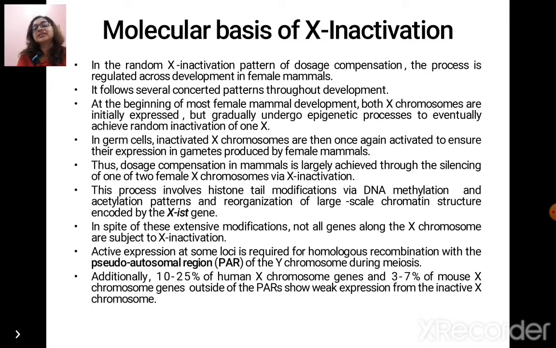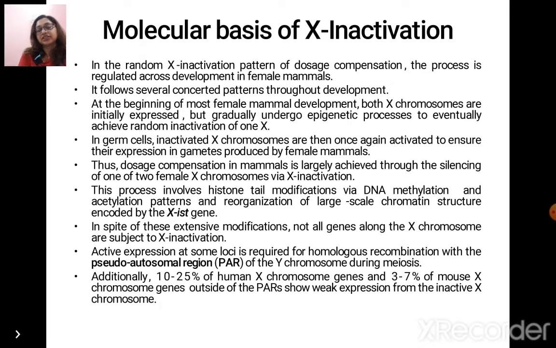In germ cells, inactivated X chromosomes are then once again activated to ensure their expression in gametes produced by the female mammals.